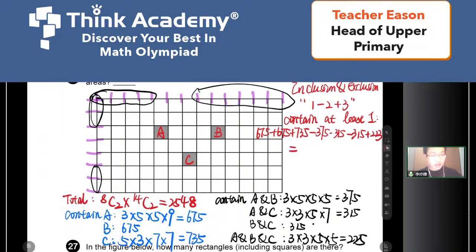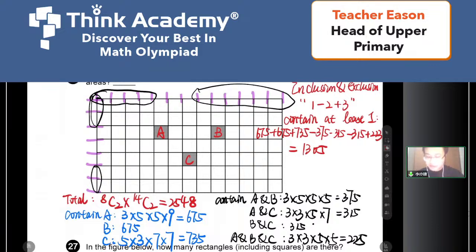So the answer for that would be, maybe I need a calculator to save our time. 735 minus 375 minus 315 minus 315 plus 225. So it's 1305.